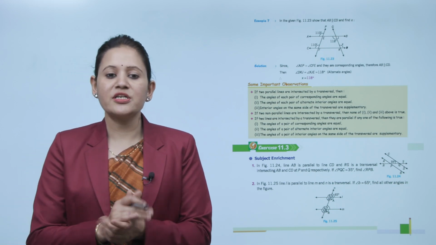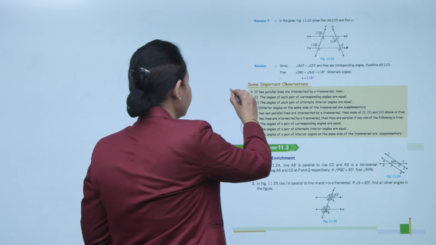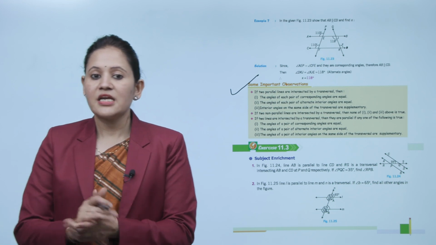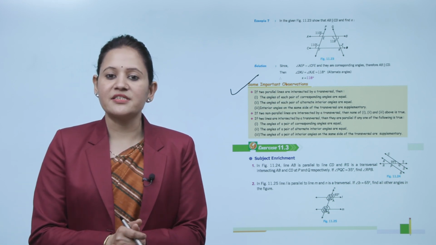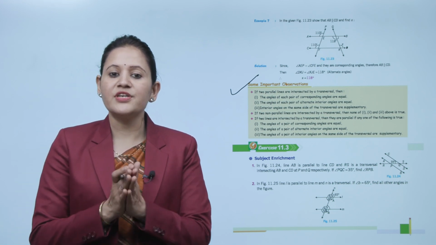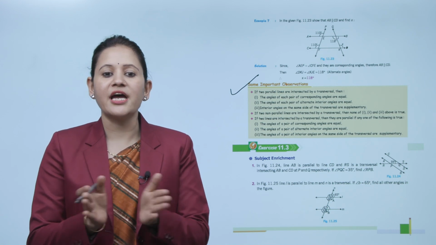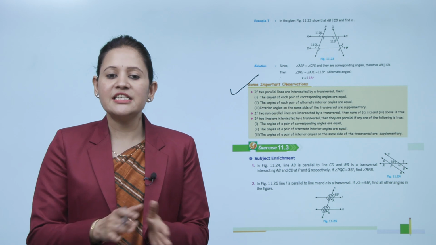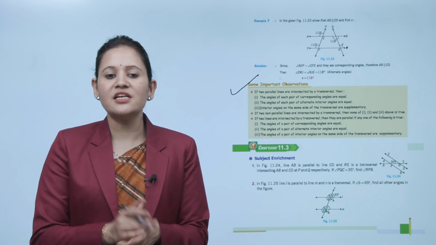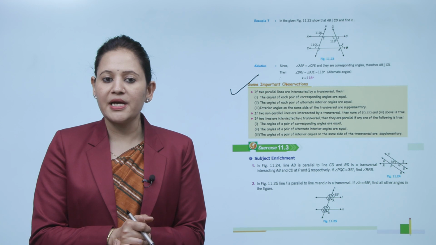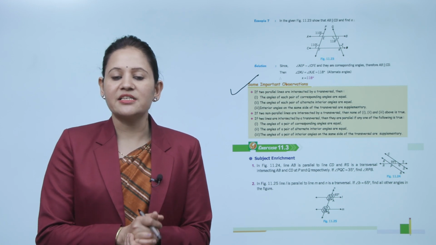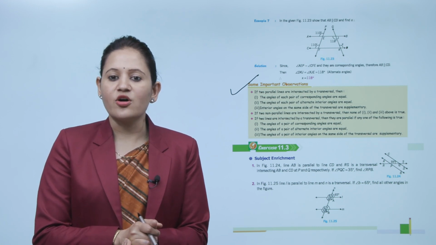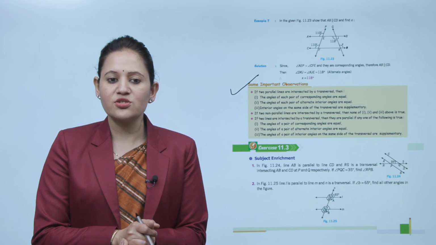Next are some important observations. If two parallel lines are intersected by a transversal, then each pair of corresponding angles is equal. Each pair of alternate interior angles is equal. Interior angles on the same side of the transversal are supplementary. If two non-parallel lines are intersected by a transversal, then none of 1, 2 and 3 above is true.